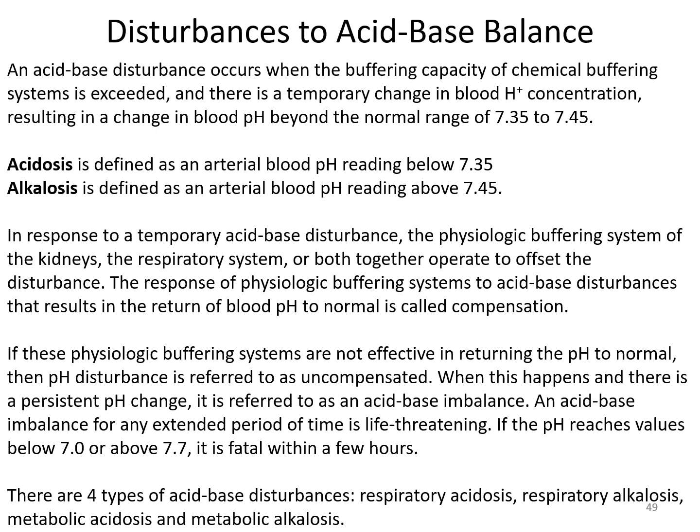So you get a temporary change in the blood hydrogen ion concentration that results in a change in the blood pH beyond its normal range. Its normal range is 7.35 to 7.45. So if there's a change and our chemical buffering systems are exceeded and our physiological buffering systems have not yet kicked in, and we get a change either above 7.45 or below 7.35, that's an acid-base disturbance.